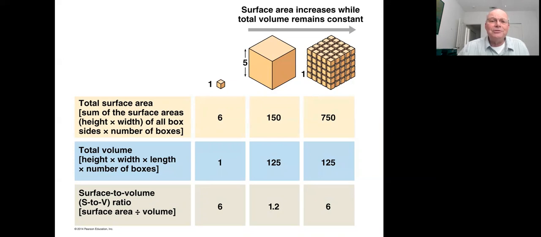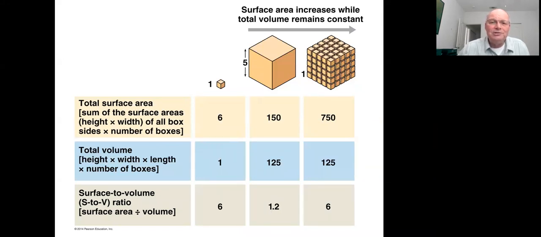So if the cube has a dimension of 1 unit on edge, then the surface area of one face is 1 times 1, or 1 square unit. And then we multiply that by 6 to give the surface area. That would be 6 square units. The volume, however, is the length by the breadth by the height.